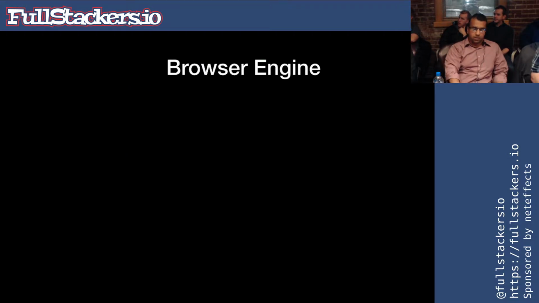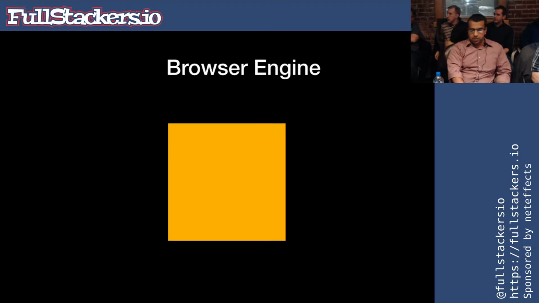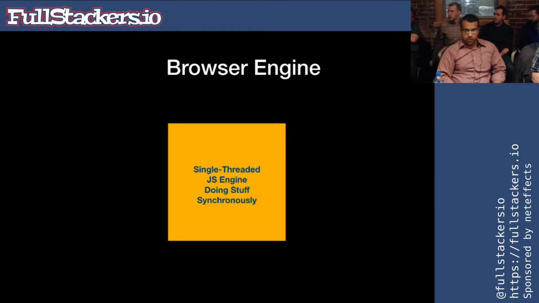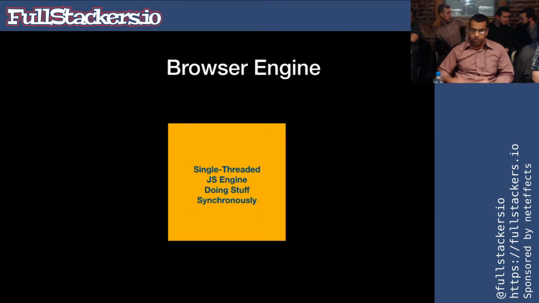So the way it all works is we're going to focus on the browser side of things. There is also a parallel in the node side of things, but just for brevity, we'll stick with the browser. The first thing you understand is that the JavaScript engine is single-threaded. It is doing stuff synchronously, as we established, but it's only one part of the browser engine.